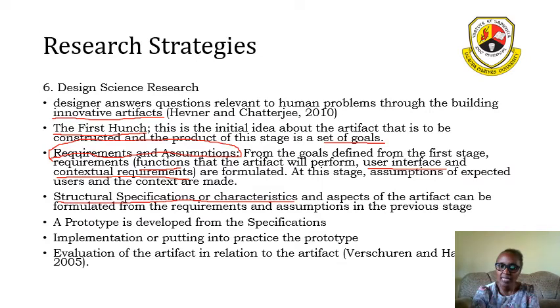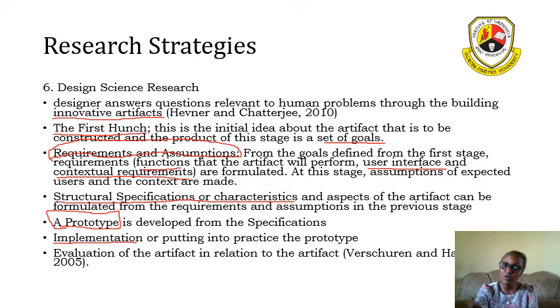And once you've done that, you come up with your prototype. Yeah. So this prototype then goes through an evaluation process. And once it's been evaluated and refined, you then go ahead to implement. Now, one of the things about design science, it says that throughout your stages, from your first hunch to requirements to structure specification, you're evaluating.